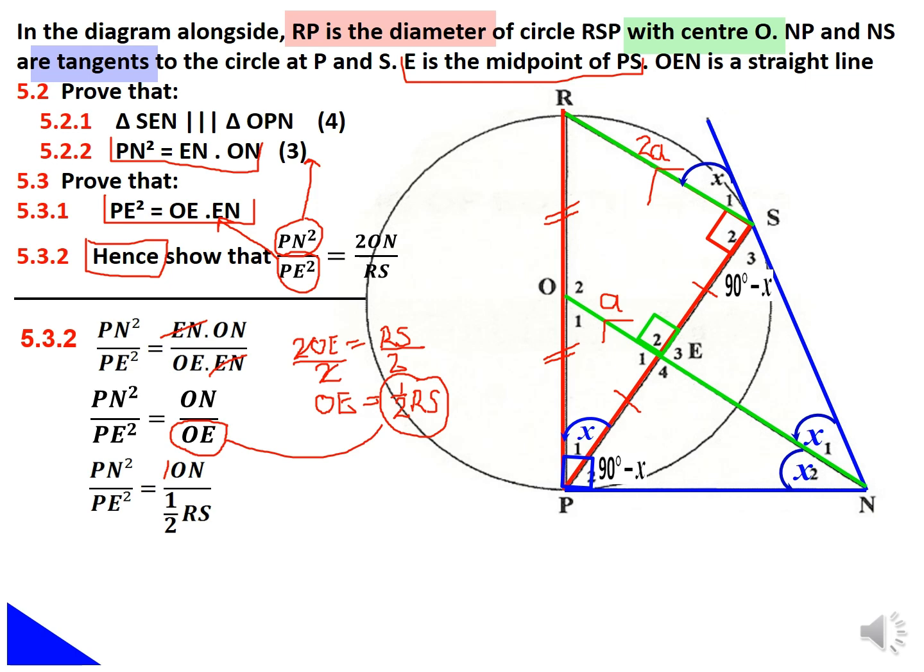That's how we end up getting 2 times On in the numerator, which is equal to the given expression. So basically Pn squared over Pe squared is equal to 2 times On divided by Rs. And that gives me the answer for this particular question. So that is my answer for this question. I have proved number 5.3.2.